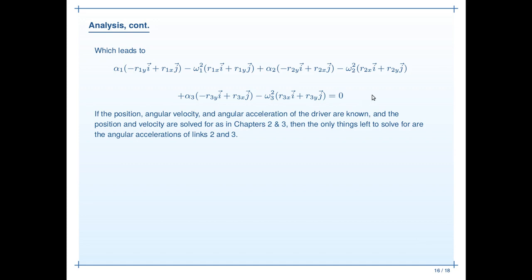Remembering that this is a 1 degree of freedom mechanism, if the position, angular velocity, and angular acceleration of one of the links, in this case usually the driver, is known, and the position and velocity for the other two links are solved for, as we learned how to do in chapters 2 and 3, then we can solve for all the angular accelerations of links 2 and 3.